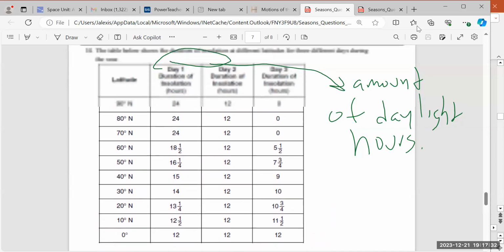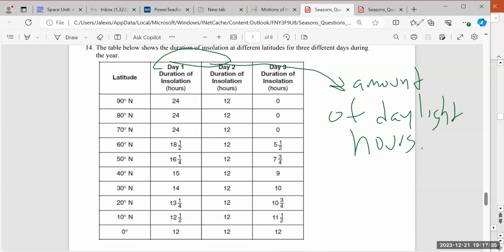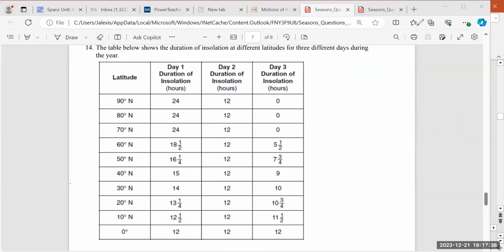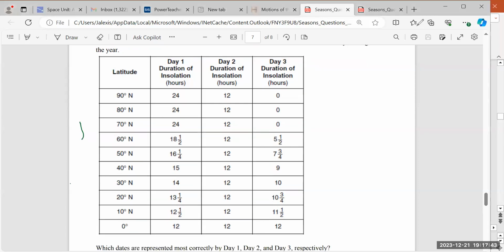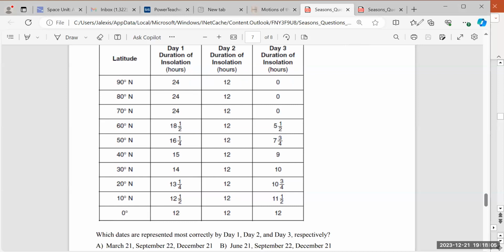One key thing that I notice about all of these, is there a pattern you notice about all these latitudes? All these latitudes are focusing on the north side, right? That tells me that they're just giving us the amount of daylight hours for whatever's happening in the northern hemisphere. What's another pattern that I notice? Well, day 2 is all 12 hours.